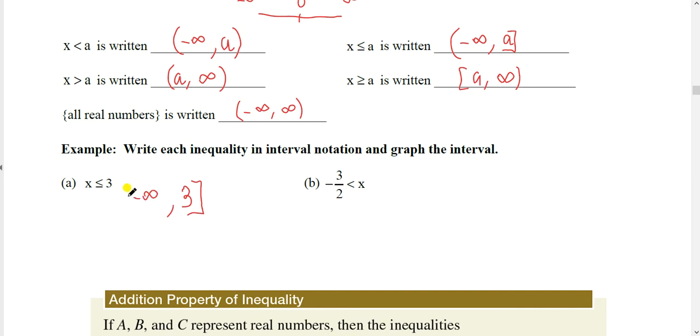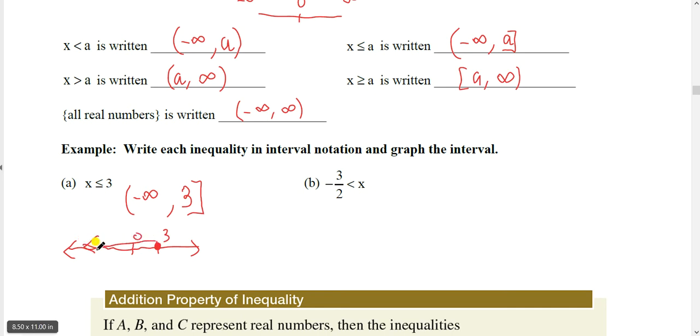So if you graph this one on the number line system, let's say we have 0 here, we have 3 here. So all the values that are less than or equal to 3, that means we draw the line from 3, and then all the values to the left of 3.